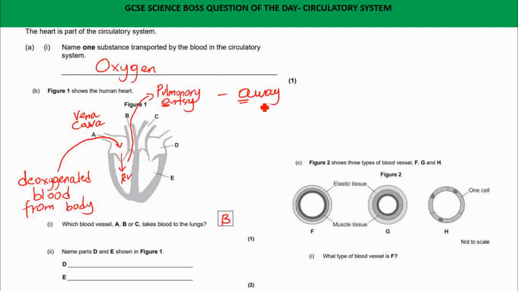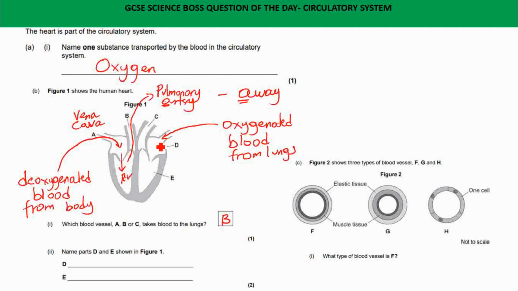So all of that is going to happen, and then the blood is going to return from the lungs. It's now going to become oxygenated blood, coming from the lungs.